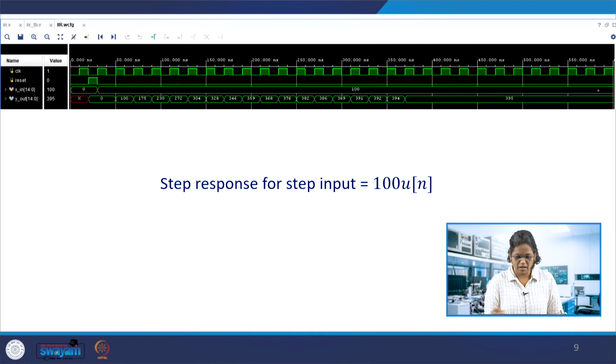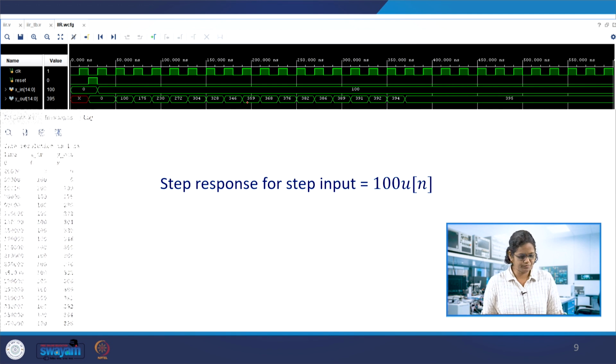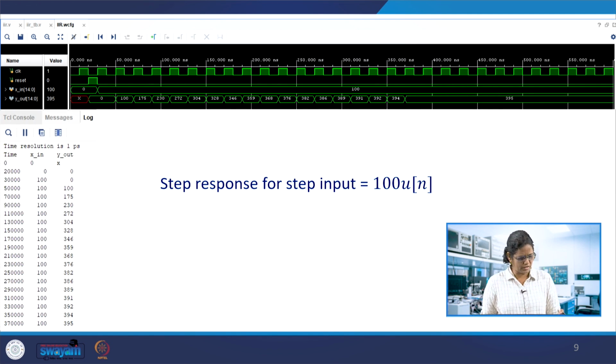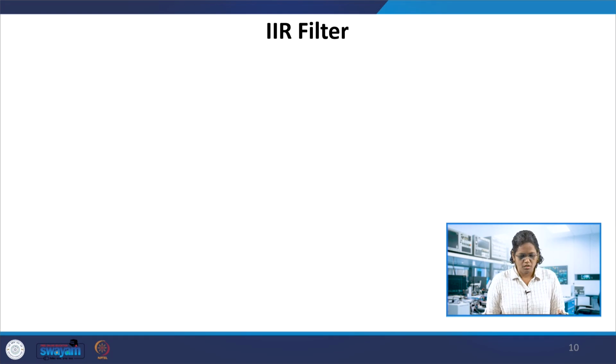So you have this maximum value 394 for the step response of this integrator, and it keeps increasing slowly. The same thing can be observed here as well in the data, x input and y out. So that's about the impulse response and the step response of the lossy integrator.